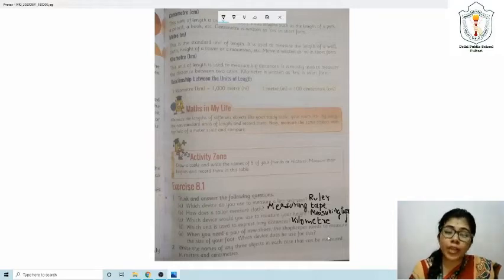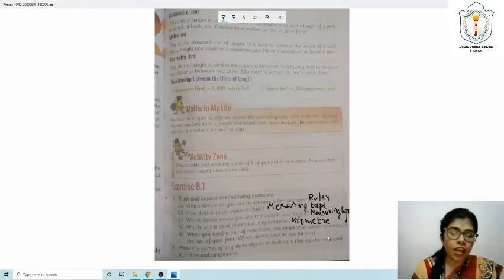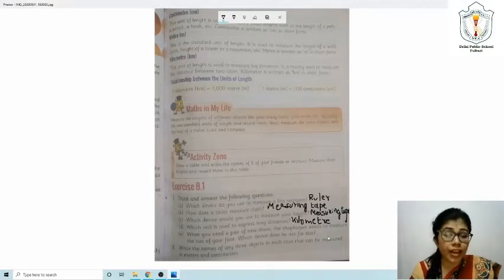Now we will move to E: when you need to buy a new shoe, the shopkeeper needs to measure the size of your foot. Which device does he use for this? Children, I think most of you have seen this device, but those who have not, next time when you go to buy a pair of shoes, ask the shopkeeper.